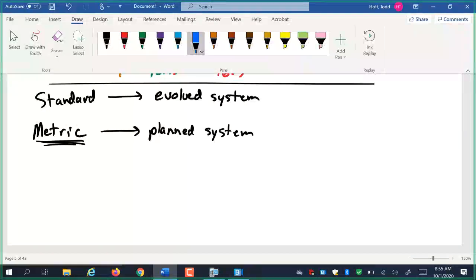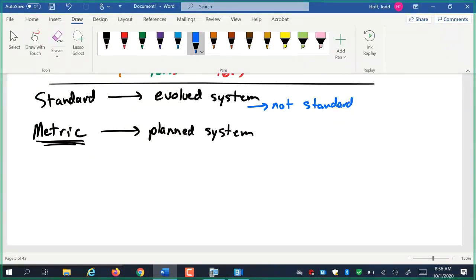So because of that, the metric system has kind of taken over in the world. The U.S., for some reason, has not let go of the standard system. But even though it's called the standard system, like we said, it was not standard. A foot was very different in length from one region to the next.